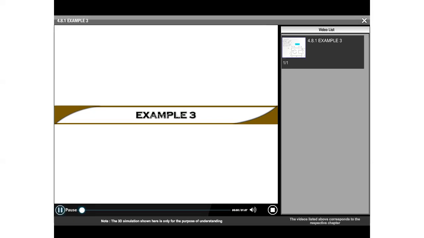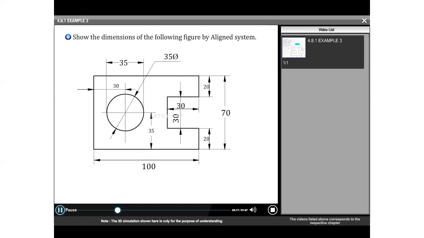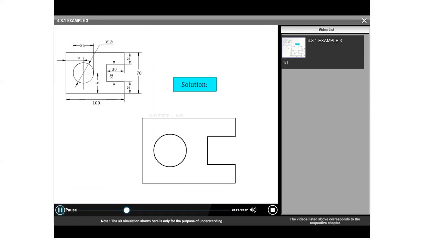Example problem 3. In this, a view with the wrong representation of dimensions is available, and the task is to redraw the view and to neatly represent the dimensions as per aligned system. The dimensions are to be printed neatly as per the norm. All the dimensions are to be shown externally.